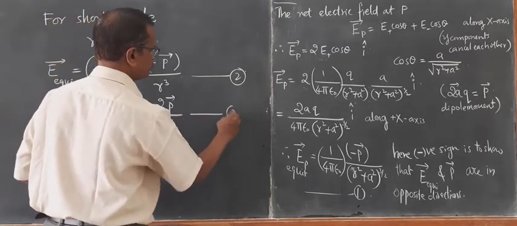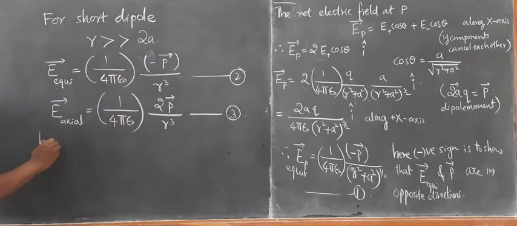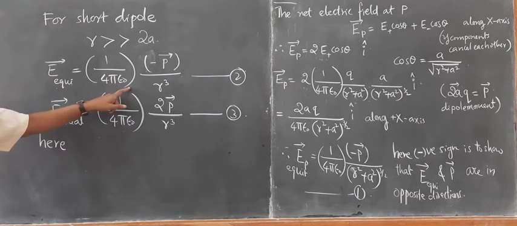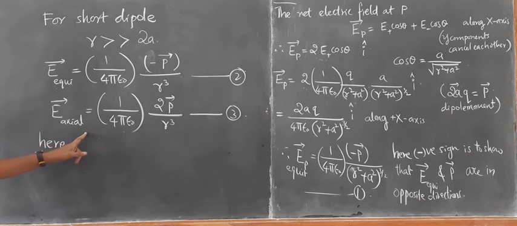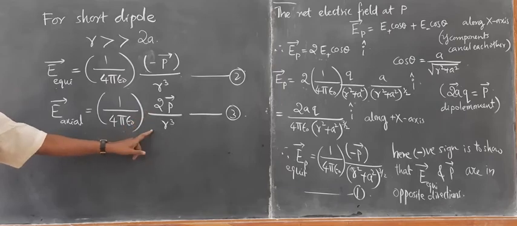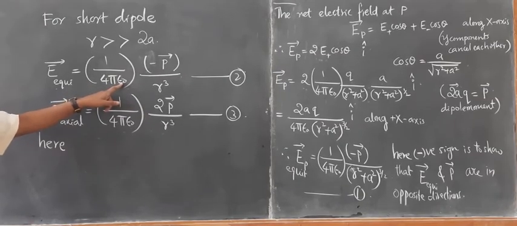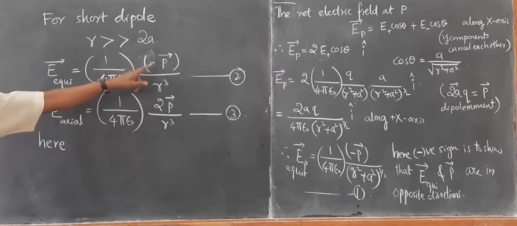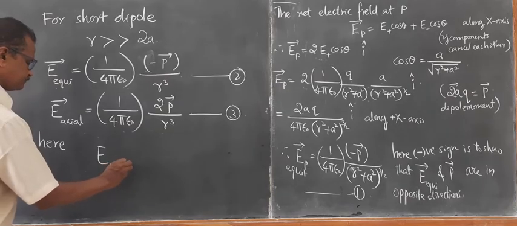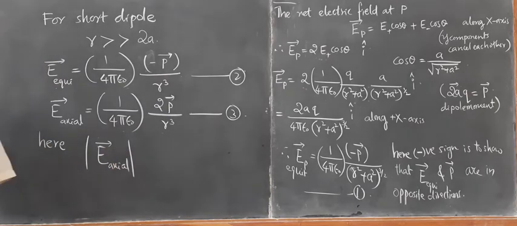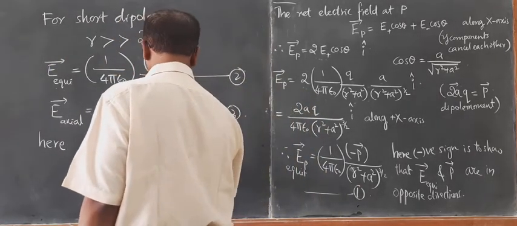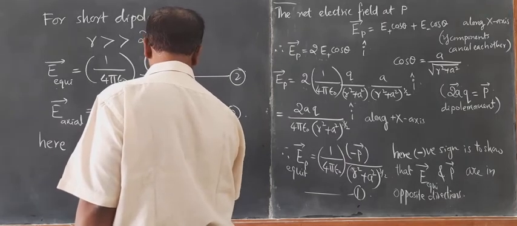So if we compare the third equation with the second equation, definitely E axial, electric field along the axial line at distance r for a short dipole, is 2 times the electric field due to the short dipole at its distance r on the equatorial line. So I can write magnitude of E axial is equal to 2 times magnitude of E equatorial for a short dipole.